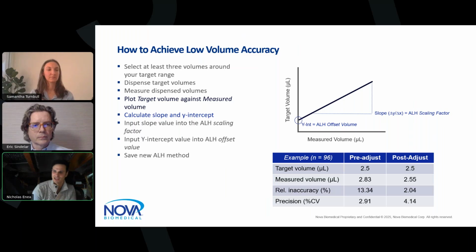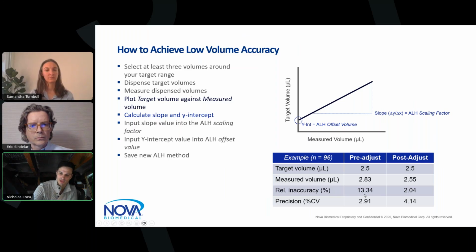But this is just an example of one of the genomics customers that we had, I forget what liquid handler, but they were trying to dial in a 2 microliter dispense as well. We basically use the MVS to adjust the slope and the offset to lower their imprecision and the relative inaccuracy.